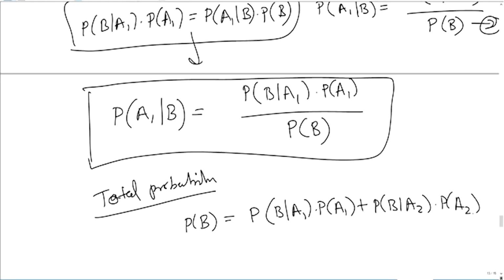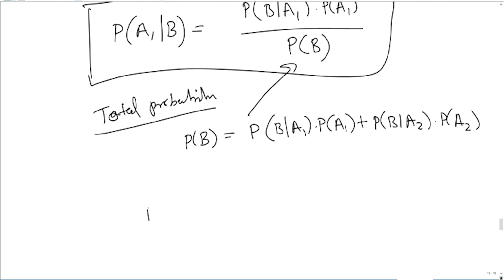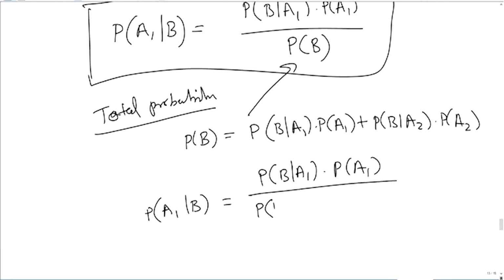Right now we have just A1, A2, so you can write it like this. So that is the total probability of B. Now you can replace probability of B in this formula with this. So the final formula you will get for the conditional probability of A1 given B will be probability of B given A1 into probability of A1 divided by probability of B given A1 into probability of A1 plus probability of B given A2 into probability of A2.